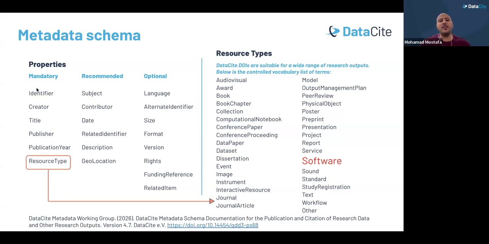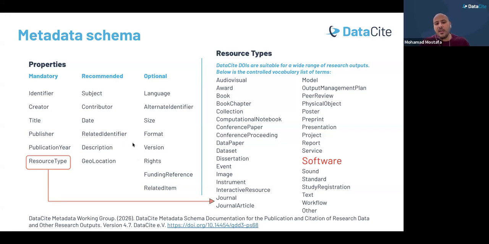The mandatory ones are the identifier, the DOI itself, the creator of this software script, the title of the script, and the publisher, which is usually the institution or research organization name. Then the publication year, and the resource type, in this case software.